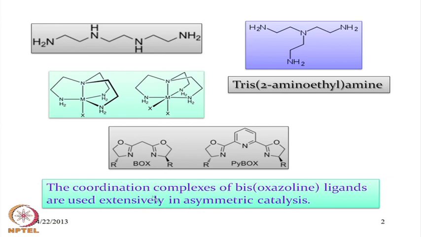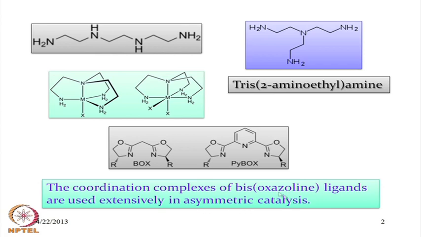So, several coordination complexes can be made with this particular type of ligand to see whether they are catalytically active or not. Some useful compounds of manganese or copper with bis-oxazoline ligands are extremely useful in different types of asymmetric synthesis.